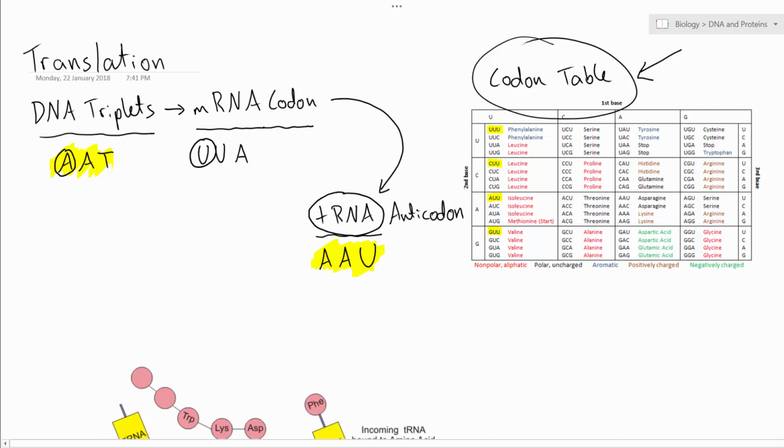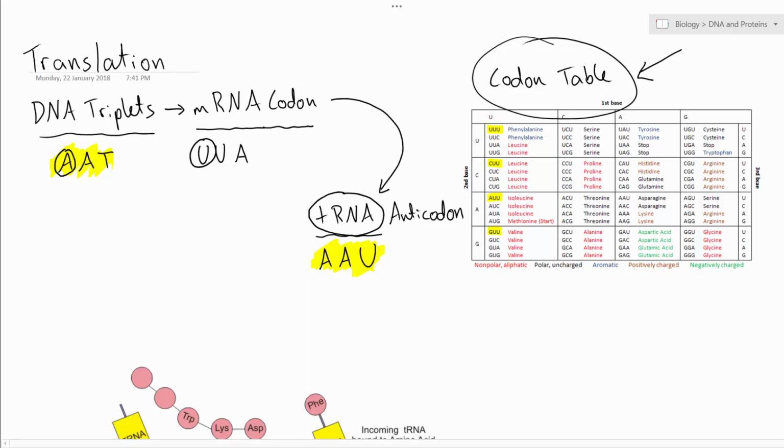So we're building mRNA codons, which are also groups of 3 that are complementary to DNA triplets, with uracil replacing thymine. The next part of this process is that tRNA molecules with tRNA anticodons come along and bind in a complementary manner to the mRNA. So we see A's binding with U's, U's binding with A's, and C's and G's working in the same fashion.